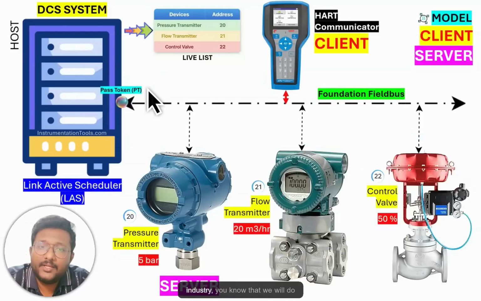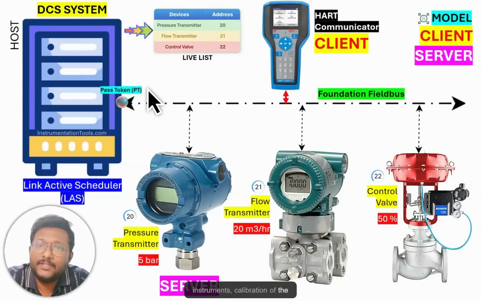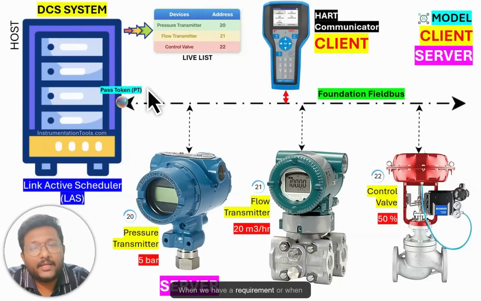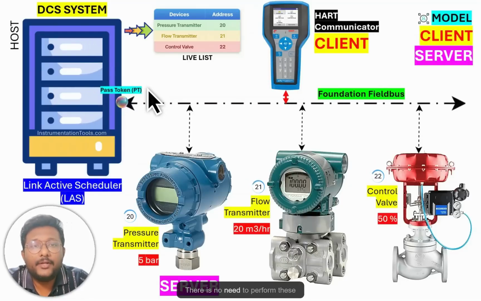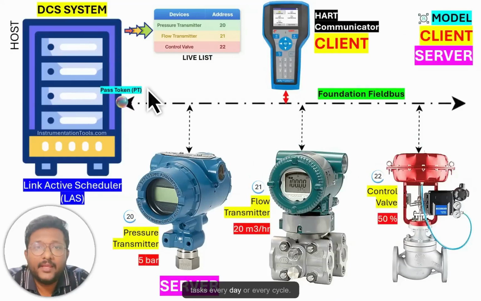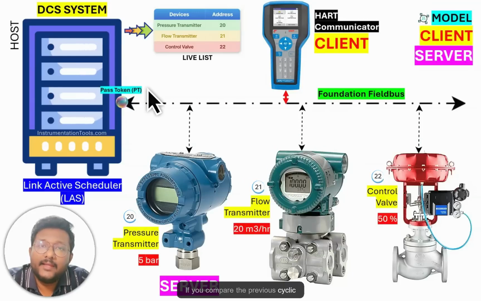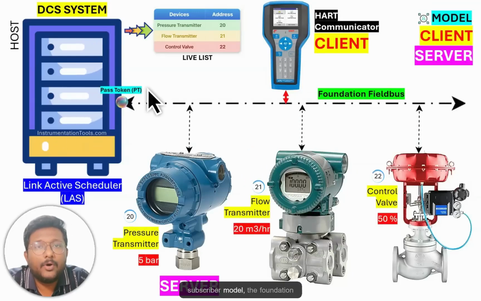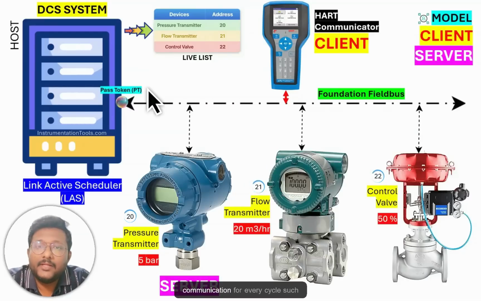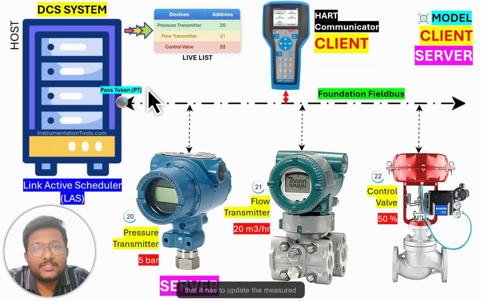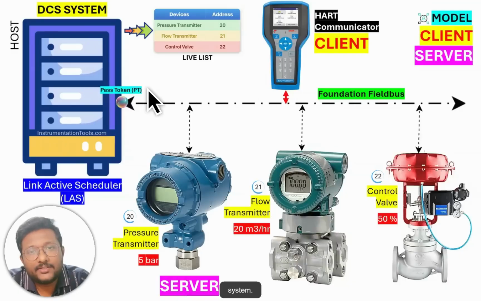When you are working in the industry, you know that we do the configuration of instruments and calibration of instruments when we have a requirement or a scheduled maintenance, right? There is no need to perform these tasks every day or every cycle. If you compare with the previous cyclic communication or publisher subscriber model, Foundation Fieldbus must execute that cyclic communication every cycle so that it can update the measured process parameters to the control system.